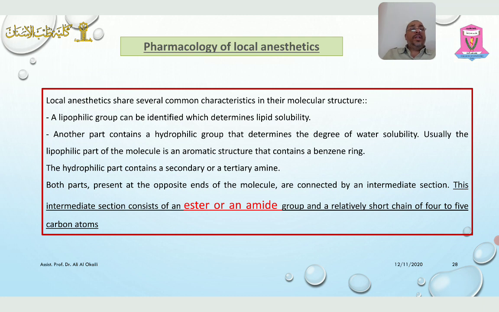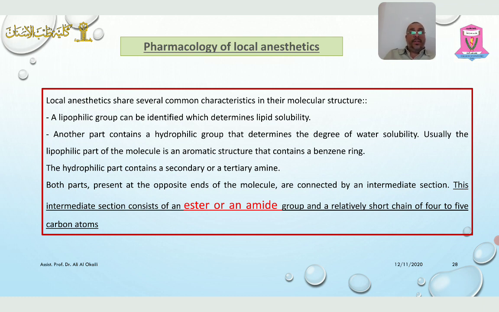Local anesthetics share several common characteristics in their molecular structure. A lipophilic group can be identified, which determines lipid solubility, and another part contains a hydrophilic group that determines a degree of water solubility. Usually, the lipophilic part of the molecule is an aromatic structure that contains benzene ring, and the hydrophilic part contains a secondary or tertiary amine.